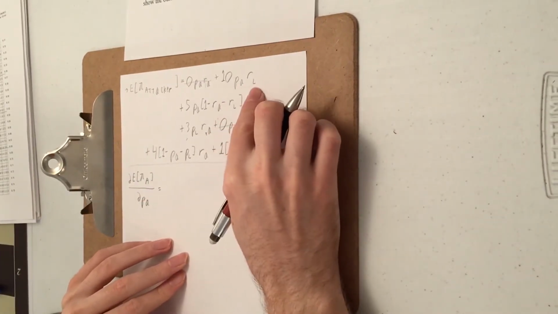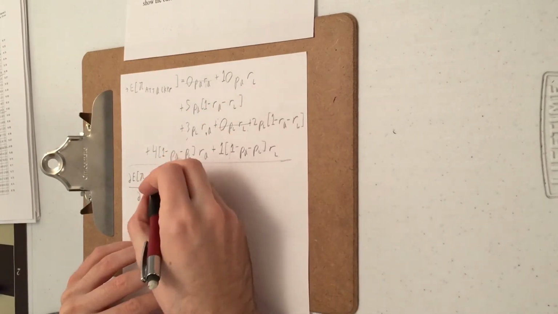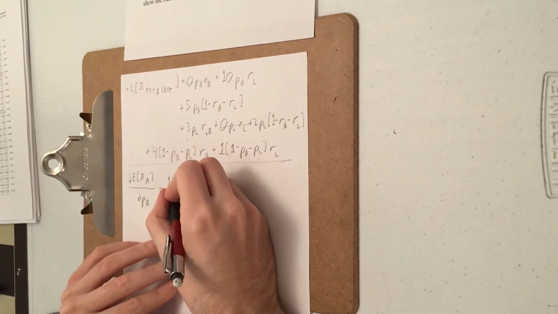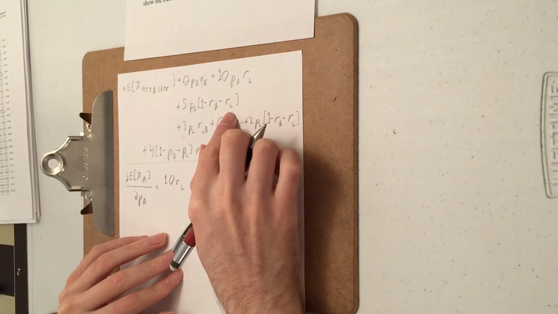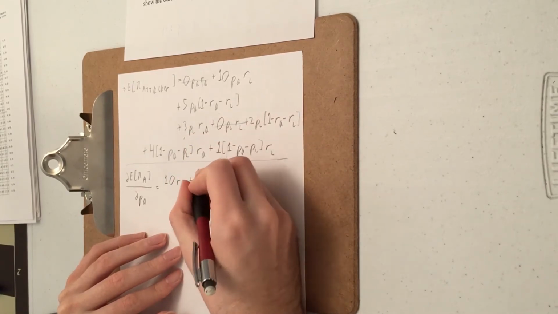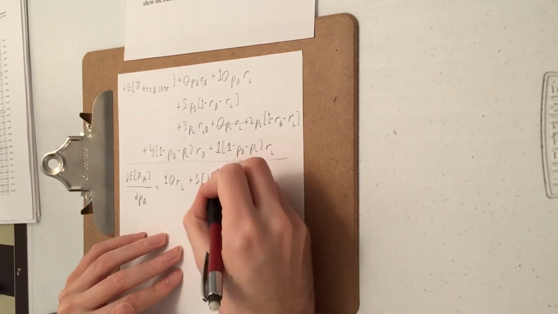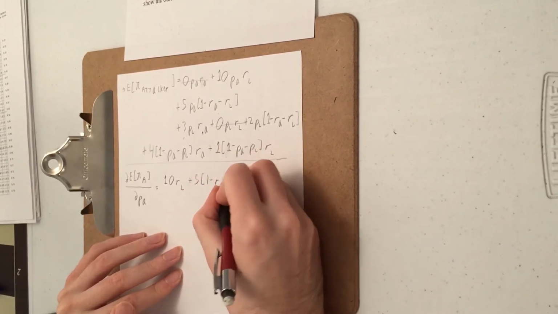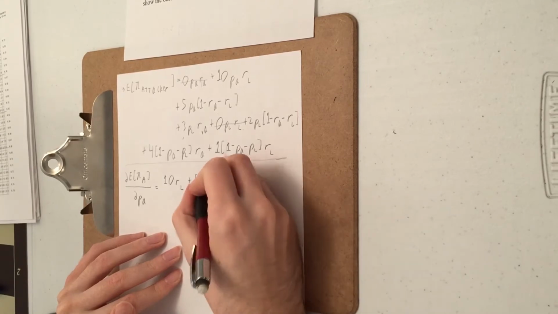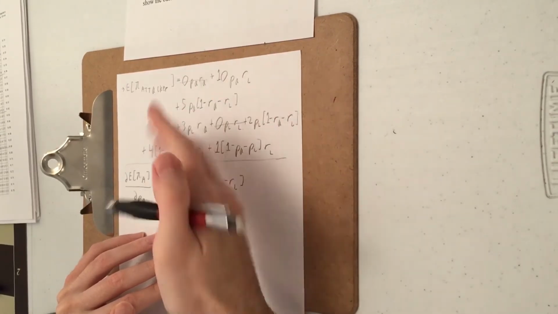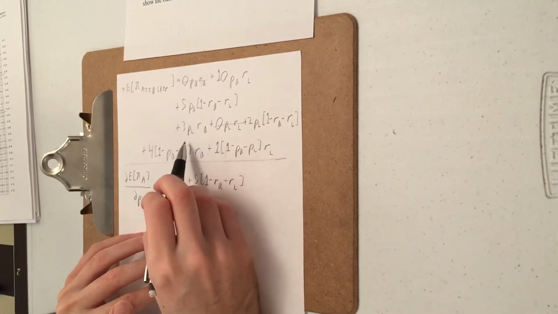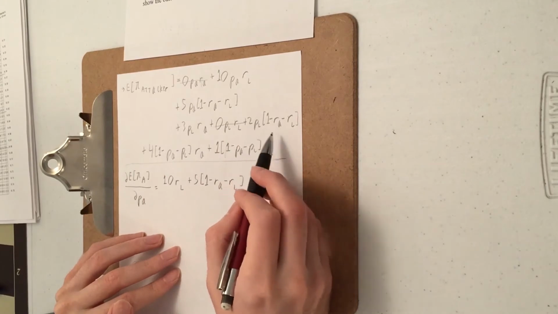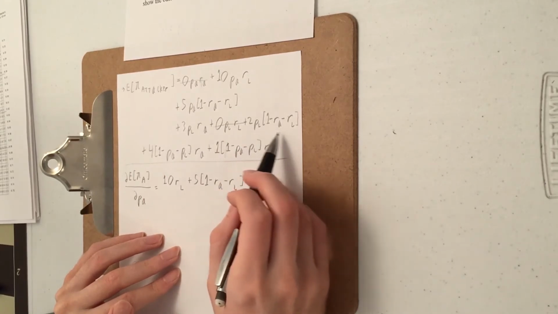So for this first term, the partial derivative with respect to PA is 10 times RL. For the second term, the partial derivative with respect to PA is 5 times 1 minus RA minus RL. There are no PAs in this third term, so that one just goes away. No PAs here either, so that one also goes away.